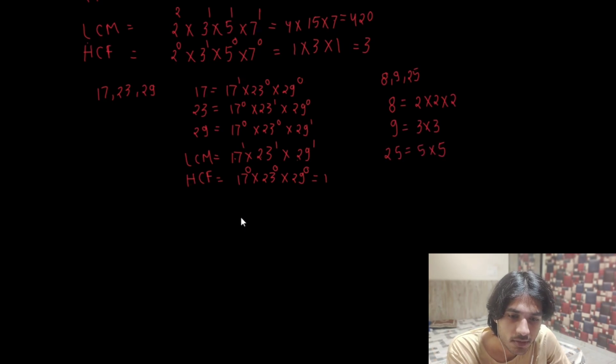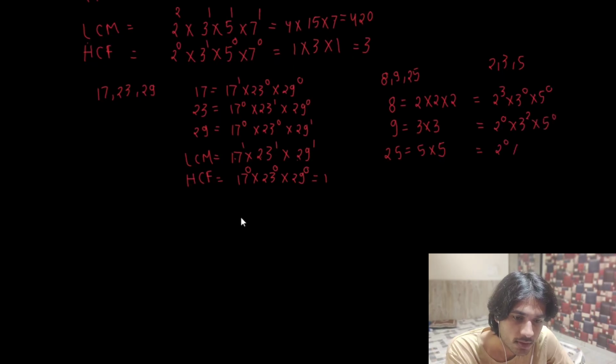So the primes here are 2, 3 and 5. So 8 can be written as 2 to the power 3, 3 to the power 0, 5 to the power 0. 9 can be written as 2 to the power 0, 3 to the power 2, and 5 to the power 0. 25 can be written as 2 to the power 0, 3 to the power 0, and 5 to the power 2. While finding LCM, we have to write the prime numbers with their greatest power. Greatest power is 3 among 3 and 0, 2 among 2 and 0, 2 among 2 and 0.